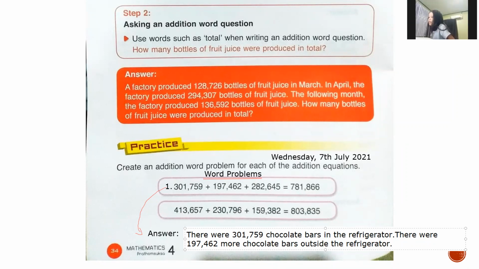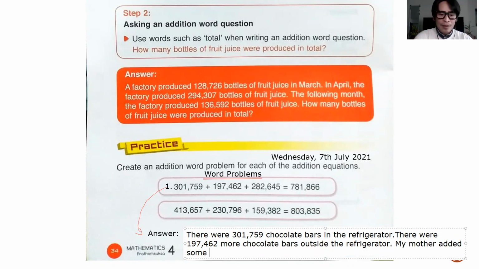And then, to my surprise, you have to add like this. Mother added some more chocolate bars, right? My mom or my mother gave me or added, past tense, added some.